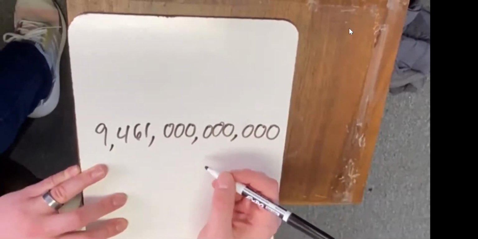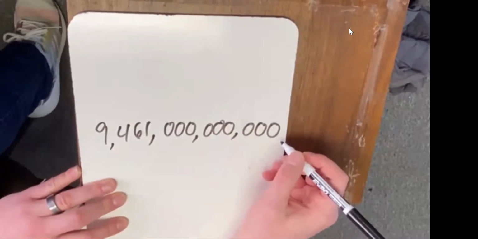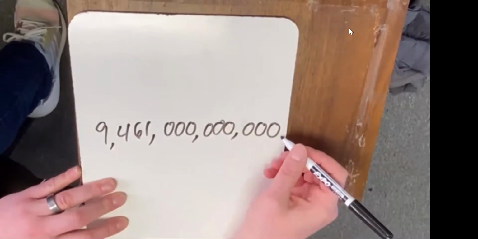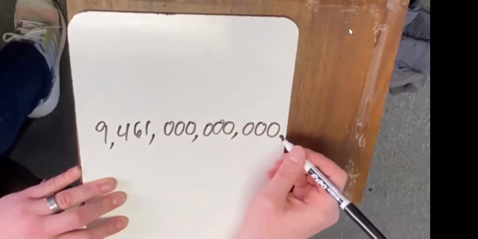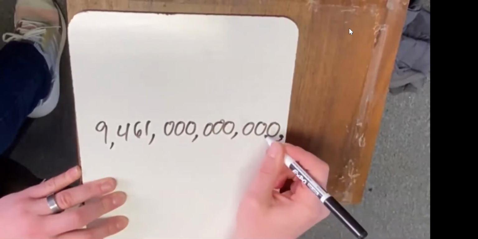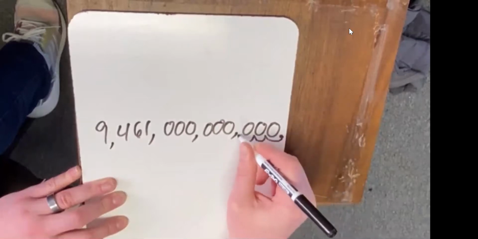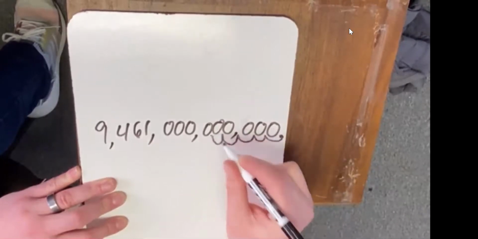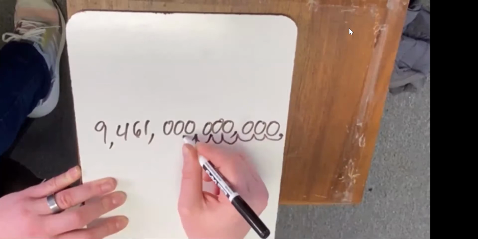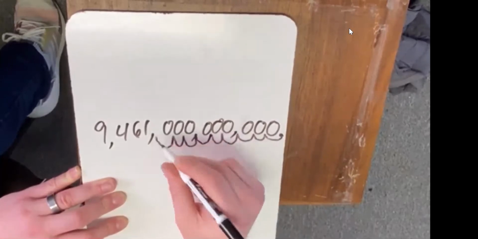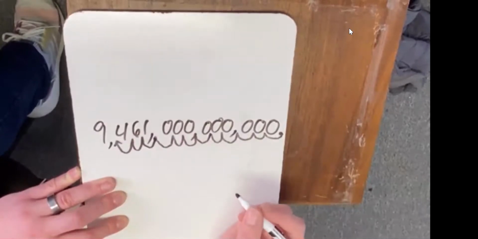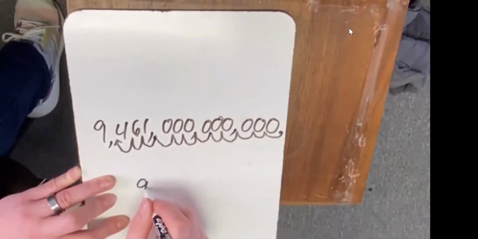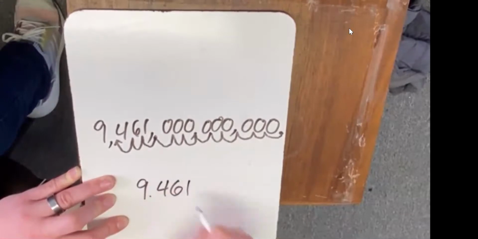So what we're going to do is we need to write this in scientific notation. I'm going to start with a decimal here on the end, and then I need to move it. And I'm moving it 1, 2, 3, 4, 5, 6, 7, 8, 9, 10, 11, 12 times. So I will write 9.461.